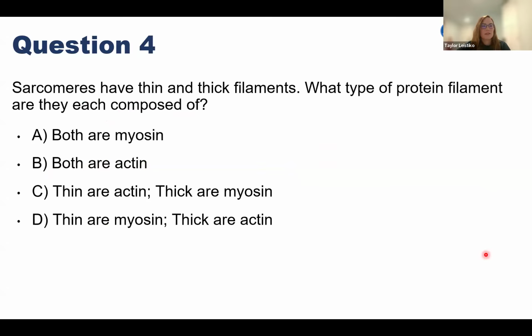Okay, here's the next question. Sarcomeres have thin and thick filaments. What type of protein filament are they each composed of? Are they both myosin, both actin, thin is actin and thick is myosin, or thin is myosin and the thicker actin?